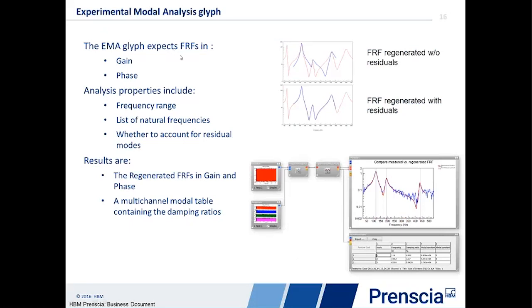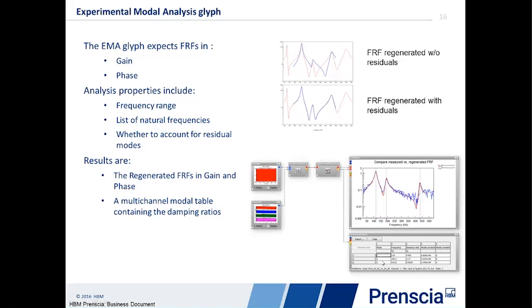And it asks you what sort of frequency range you are interested in, and it wants the natural frequencies, and it'll try to fit the curve, but first it'll extract the damping ratios for each mode, right?